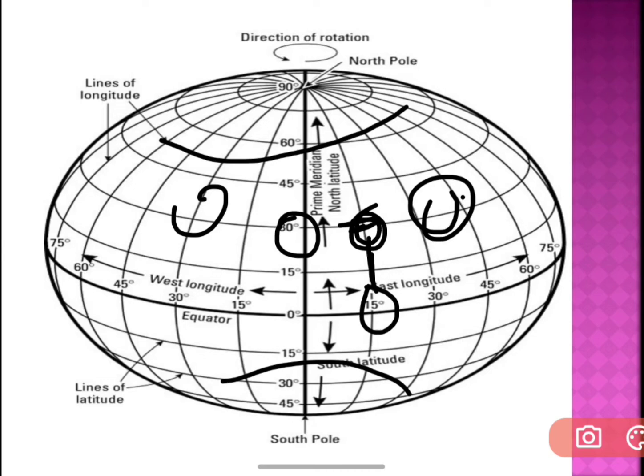So if you locate north in northern hemisphere 8 degrees and eastern hemisphere 72 and a half degrees, then it will be Kanyakumari. Okay, so in this way the grid helps us to locate a place.